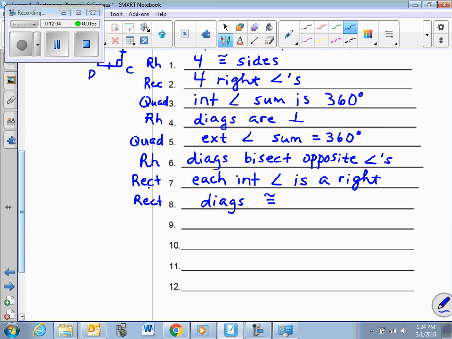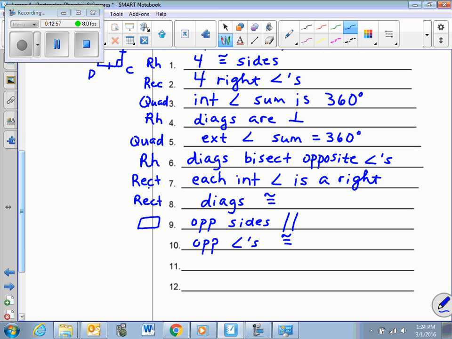So how about just because it's a parallelogram? Let's break it down now. What do we know about all parallelograms? We know opposite sides are parallel. We know opposite angles are congruent.